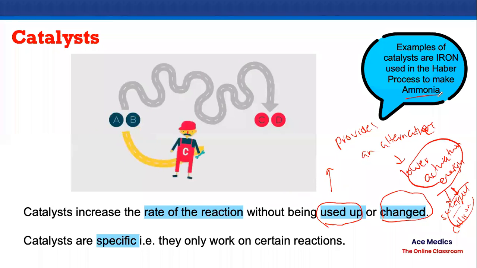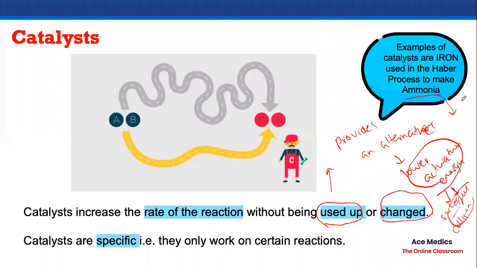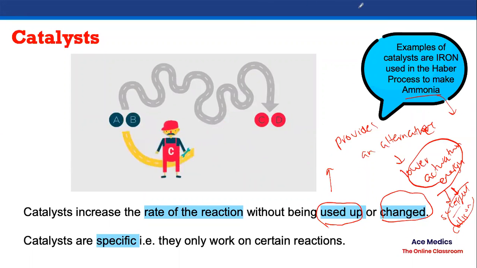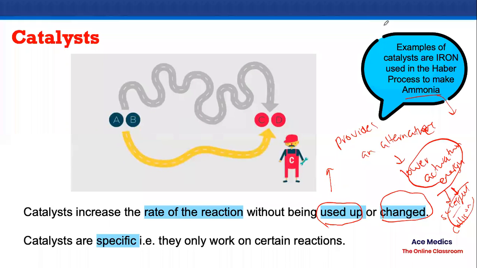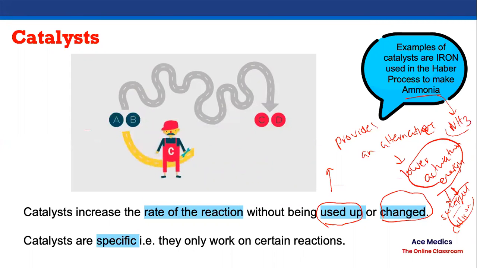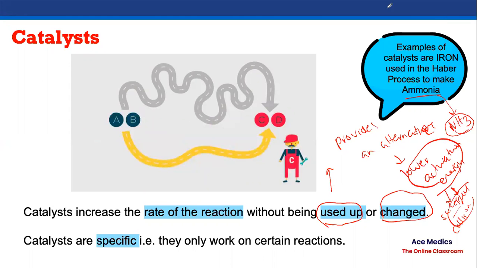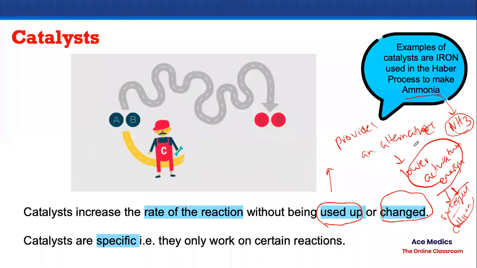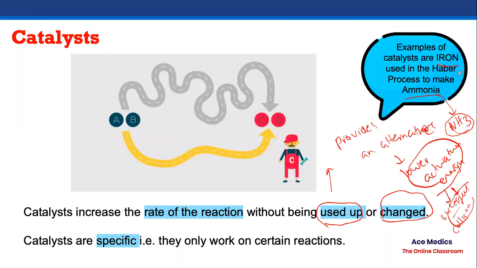So remember, we said ammonia. What was the chemical formula for ammonia? Does anyone remember? We mentioned it at the start. We talked about ammonia. Right, the NH3, excellent, good. So ammonia has the chemical formula NH3, and in the process of making ammonia, we use iron as a catalyst.